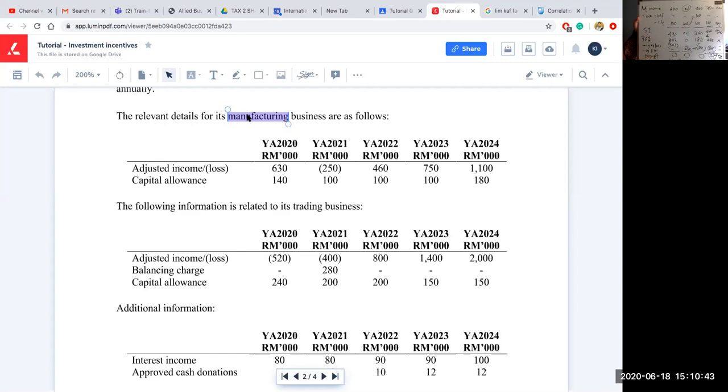First year is nil, second year is nil, third year 800, 1.4 and 2,000. So can you just do that first and we see how we can proceed. Sebab dia ada impact of losses. Okay, hold on. Please do that first while I pause kejap.